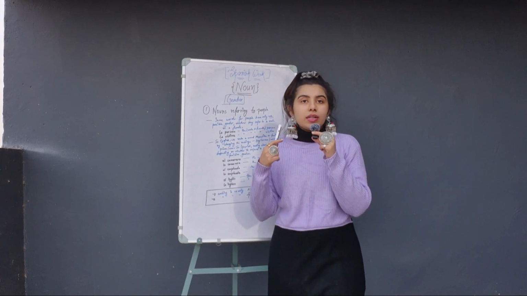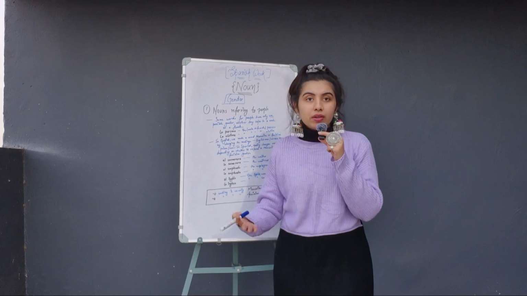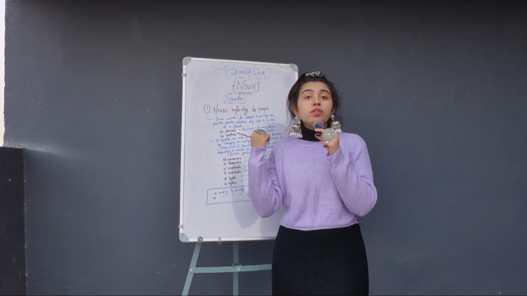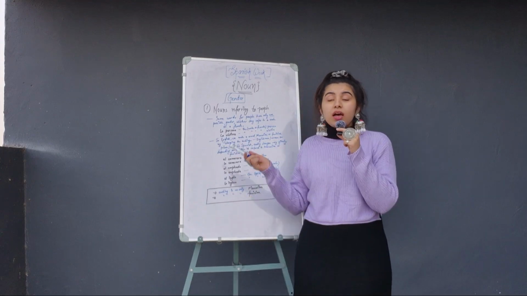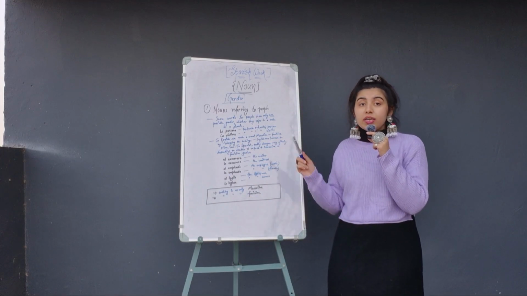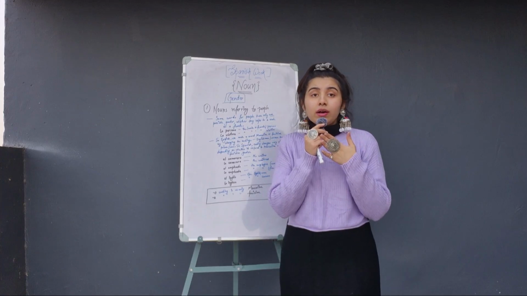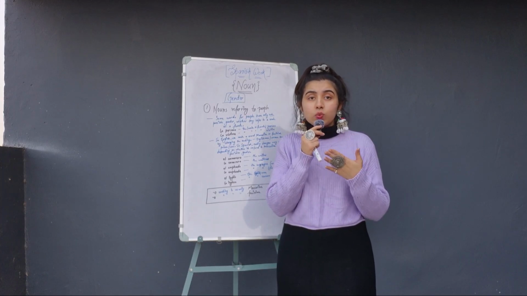Usually the feminine one ends with a, and the masculine ends with o. So these are the points to remember. They are very important, very crucial, and they will help you understand these things well.